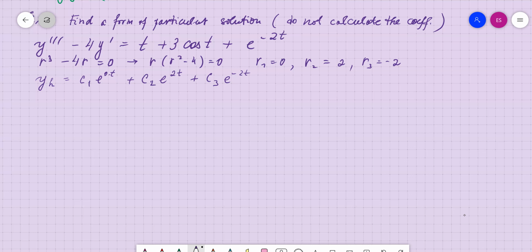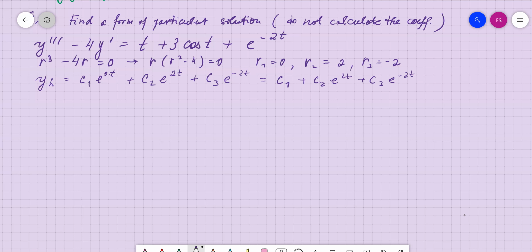What is 0 multiplied by t? It's 0, right? E to the power of 0 is 1. So actually my first function is just a constant, c1, plus c2 e to the power of 2t plus c3 e to the power of negative 2t.